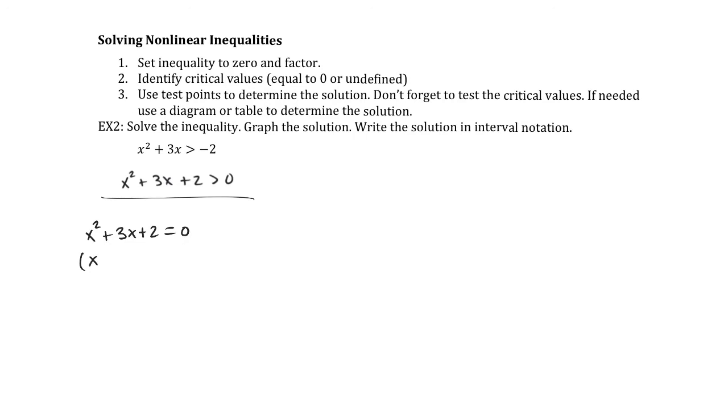I can factor here: x plus 2 times x plus 1. So my critical values are when the equation equals 0, and that happens when x equals -1 and -2. Okay, so those are my critical values.